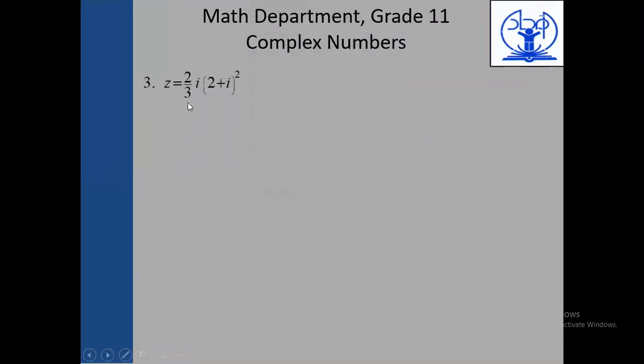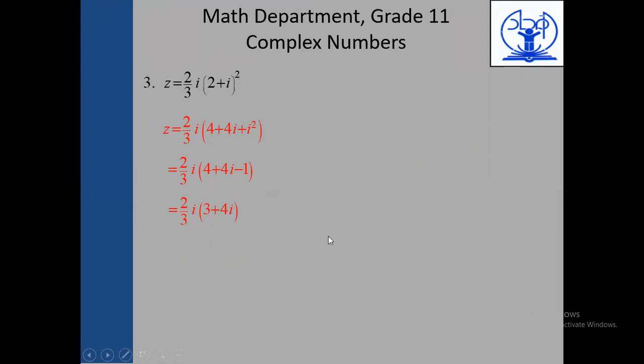z equals 2 over 3i into (2 plus i) all squared. It's better to start with the identity (2 plus i) all squared. It's a squared plus 2ab plus b squared. Before expanding this, it's better to simplify the inner bracket and to write it as 3 plus 4i.